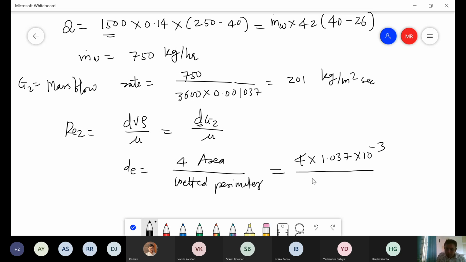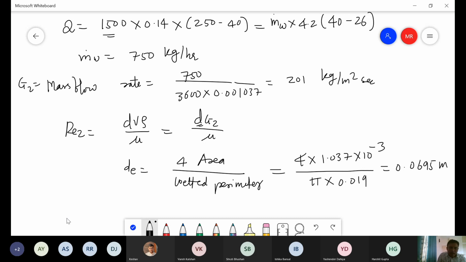In this case it is going to be pi d, pi into the diameter, which is going to be the outer diameter, isn't it? So that is going to be 0.019. So this comes out to be 0.0695 meter. So that is the equivalent diameter.